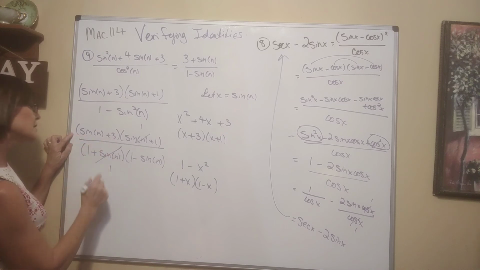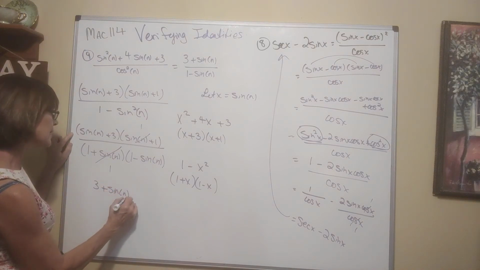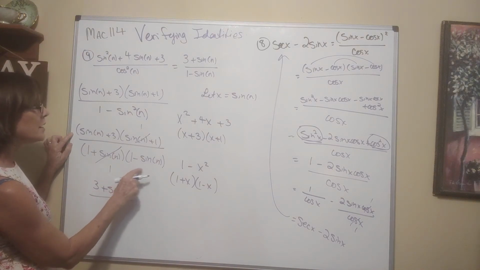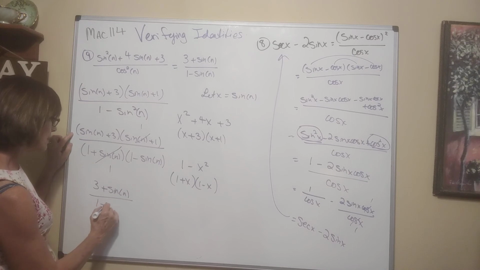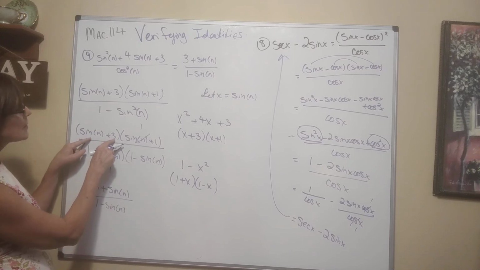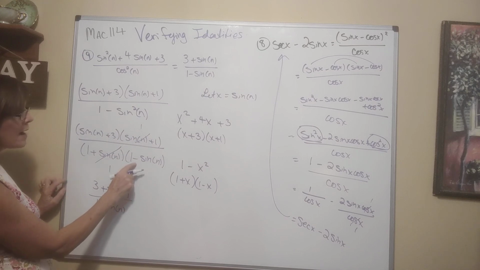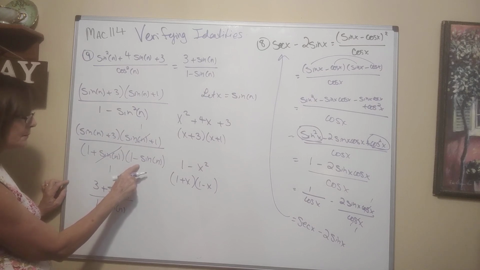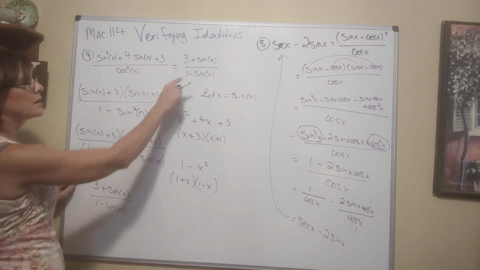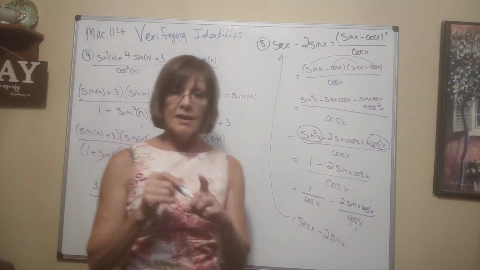And if I want to rearrange that into 3 plus the sine of n, that is legal, over 1 minus the sine of n. Now, why did I rearrange this one and not that one? Well, because I'm allowed to, because there's a plus and I can just flip-flop the pluses. I'm not allowed to with the minus. I have to keep it like that. And I wanted it to look exactly like that. All right, that's verifying identities.